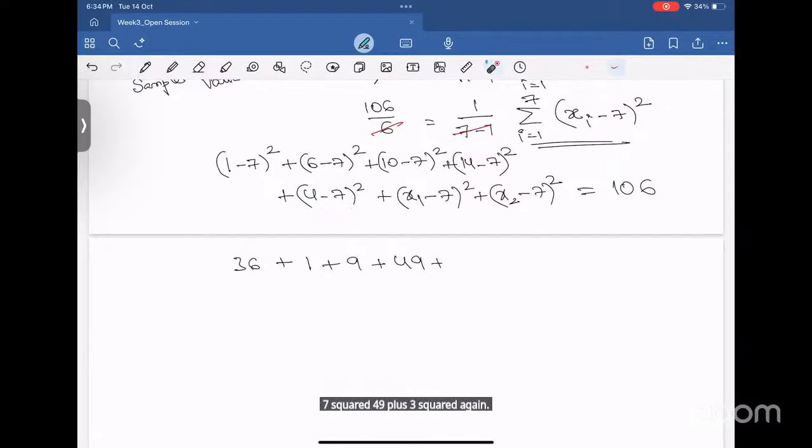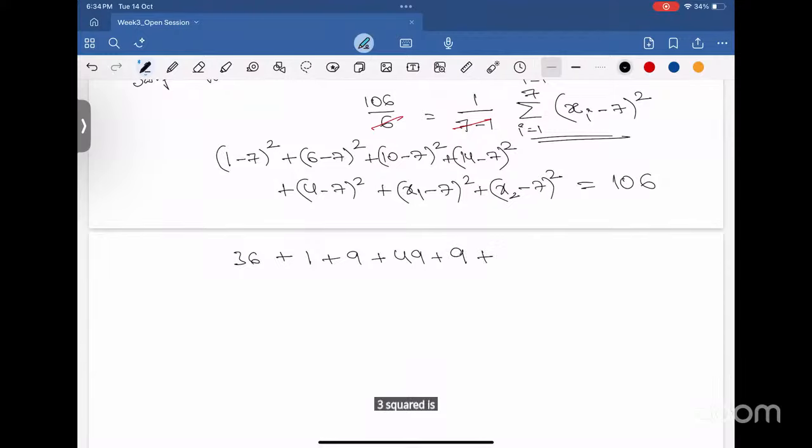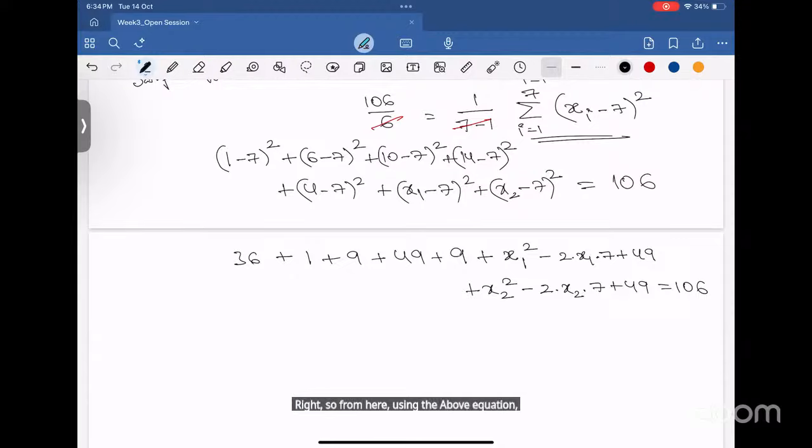So 4 minus 7 is 3, 3 square is 9, plus x1 minus 7 whole square, which expands to x1 square minus 2 times x1 times 7 plus 49, plus x2 square minus 2 times x2 times 7 plus 49, equals 106. From here, using the above equation, we can get x1 square plus x2 square as something. Call it equation 2.